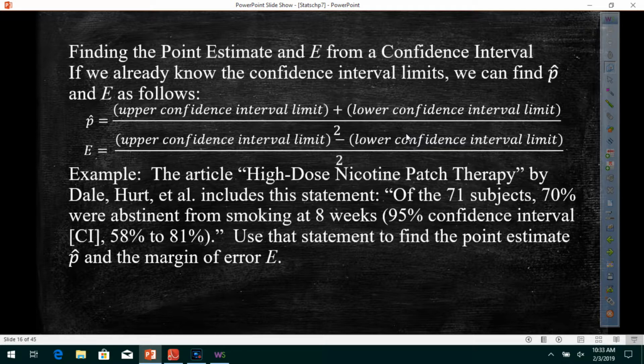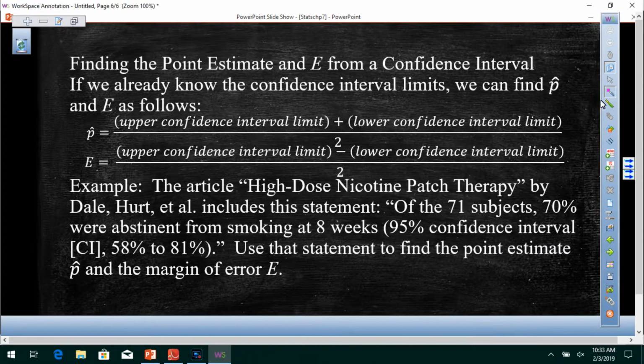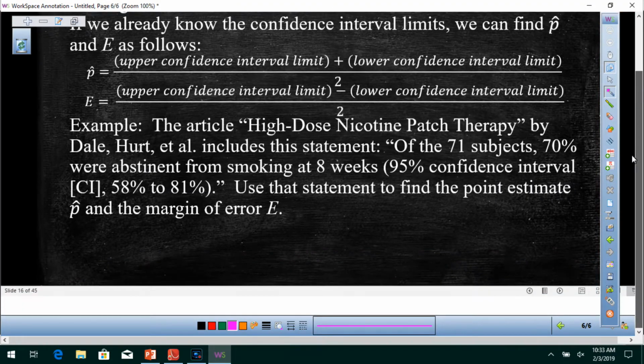P hat is the upper confidence interval limit plus the lower confidence interval limit divided by 2. E is the upper confidence limit minus the lower confidence limit divided by 2. Okay, in case you're reading an article and you just happen to say, hey, I'd like to know, here's a way to do it.